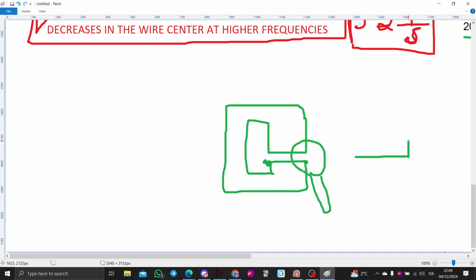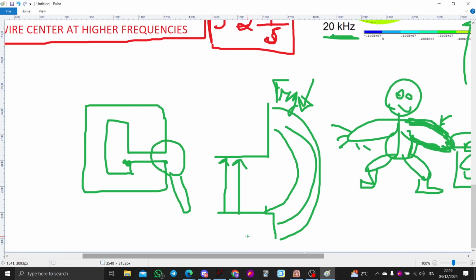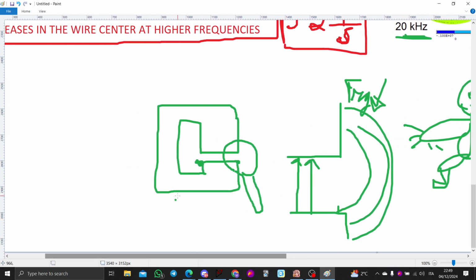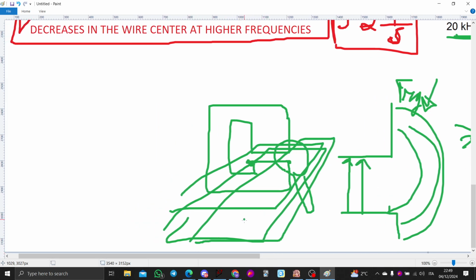In the border here, some of the field will not go straight like this, but will leak like this. This leakage of the flux is called fringing effect. Not only this, but this fringing effect can even couple to the magnetic layers that you have there, and this will reduce EMC. This will reduce a lot of EMC.